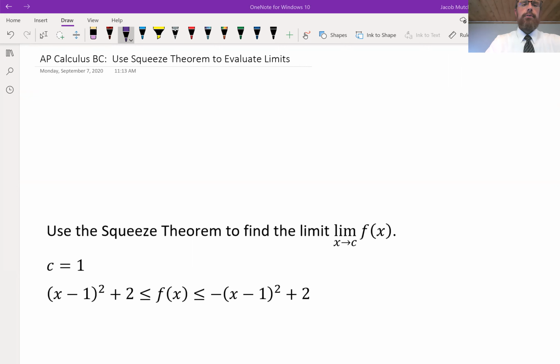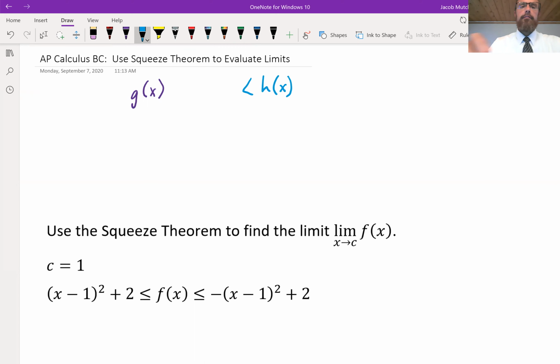The first one's g of x, and its y values are somehow less than values of another function h of x. That's part of the condition of the squeeze theorem, that this h of x always is above g of x.